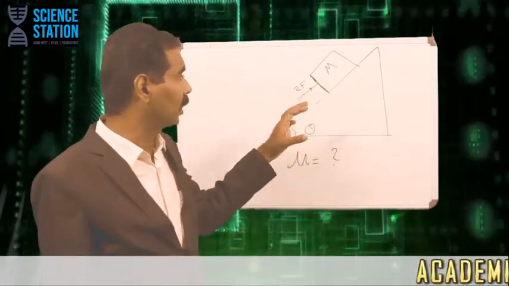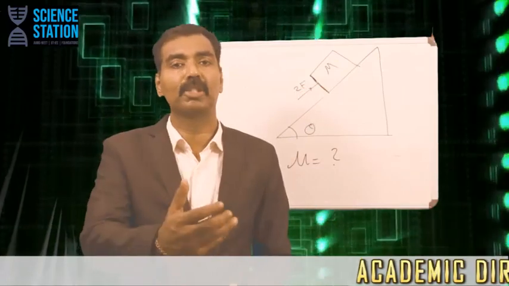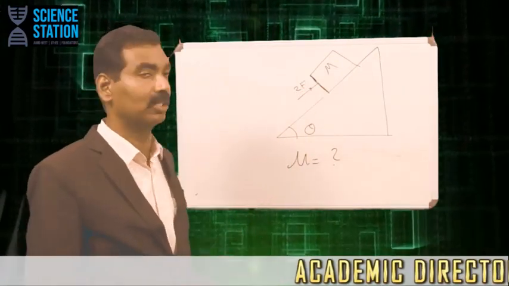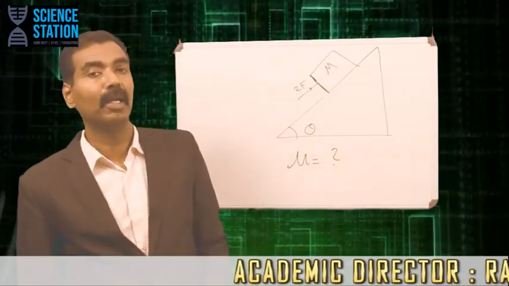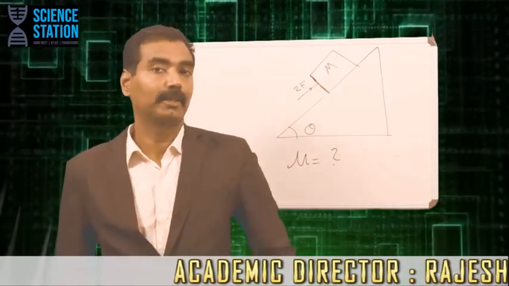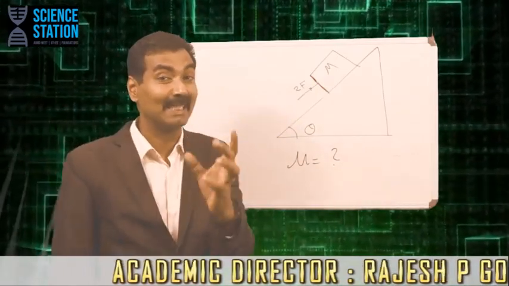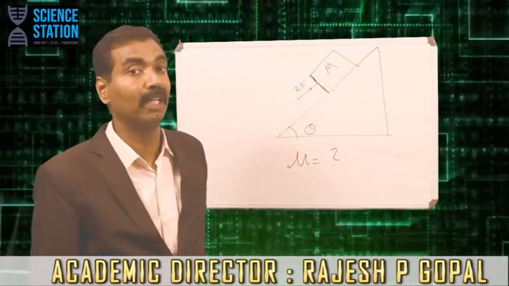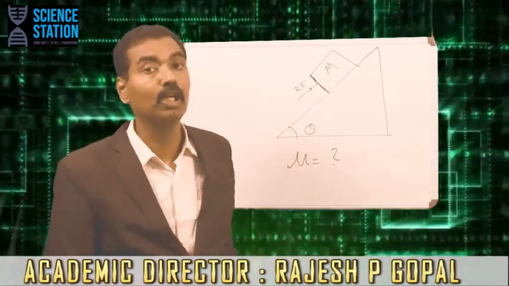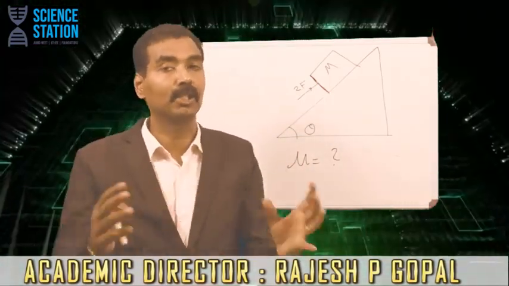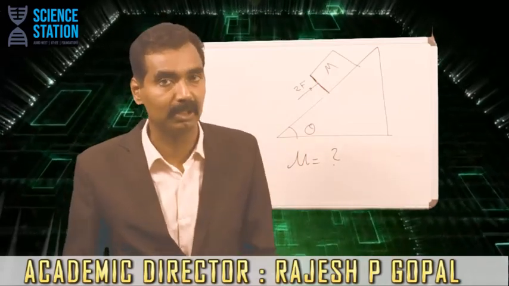Normally solving the problem needs some steps and some equations, but I am going to tell you a secret: a simple technique to find the coefficient of friction without solving complicated equations.